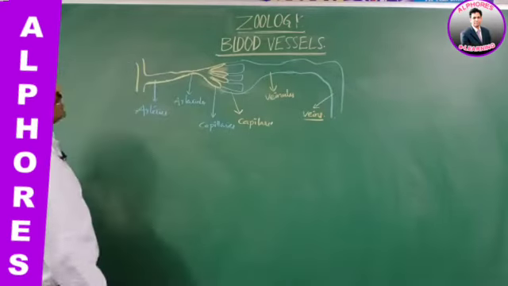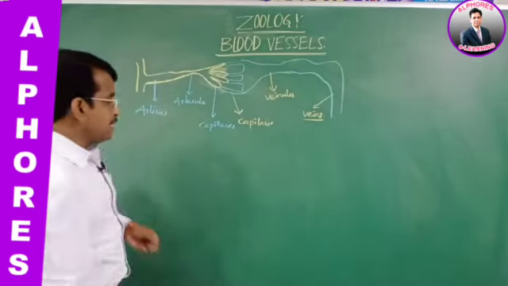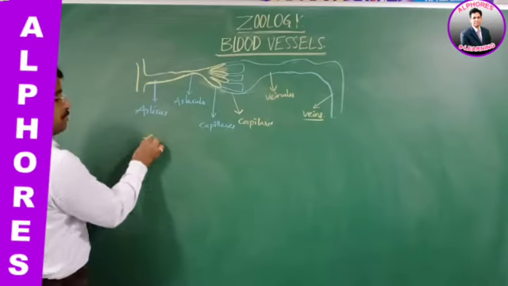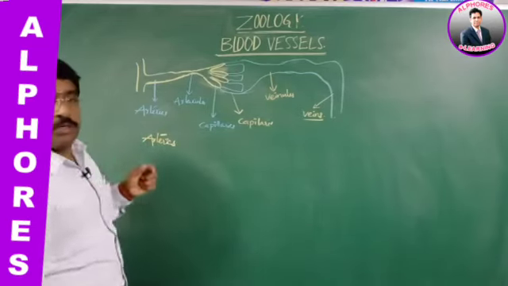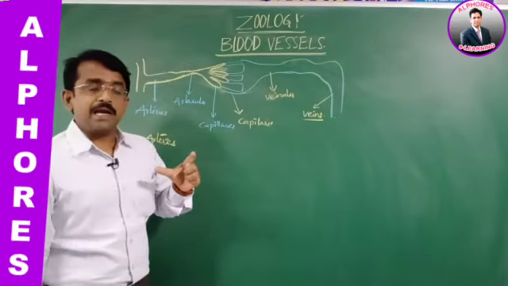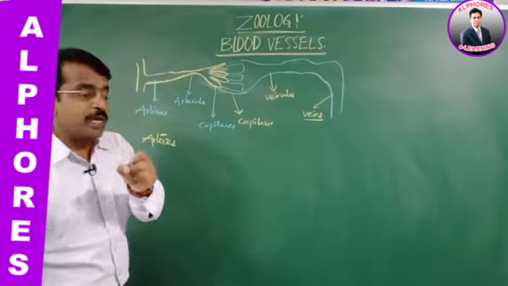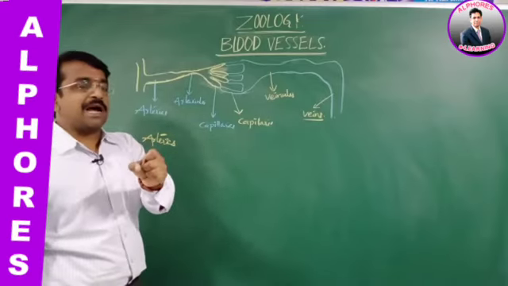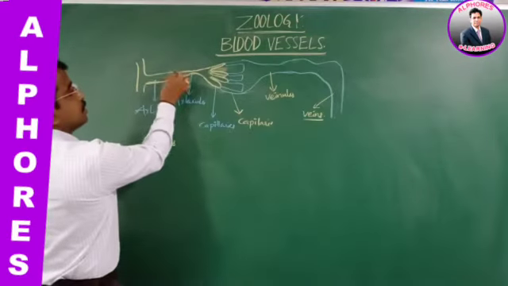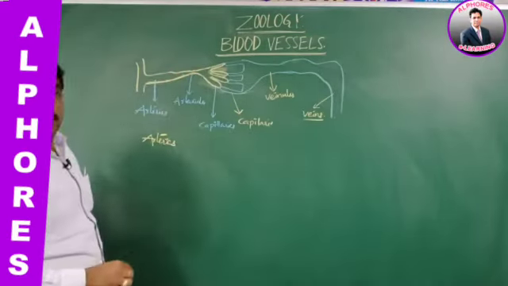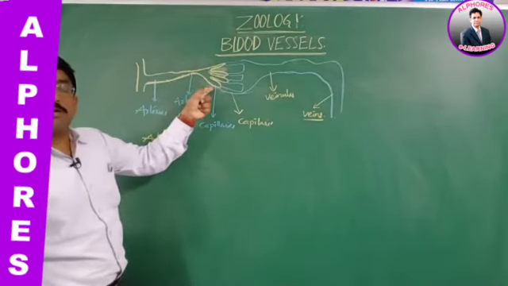So, arteries and veins are said to be the blood vessels. Arteries are in a decreasing diameter and end in the tissues, whereas veins start in the tissues with an increasing diameter. Look at here: arteries, arterioles, and capillaries. If you look from here to here, their diameter decreases.